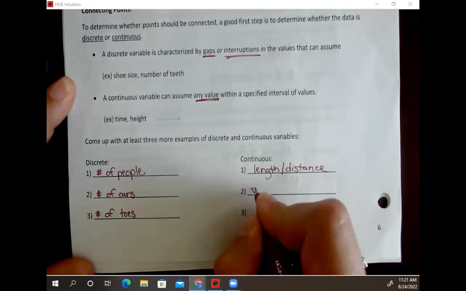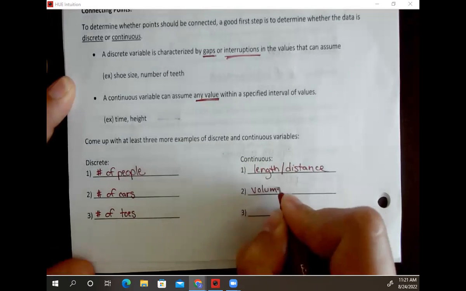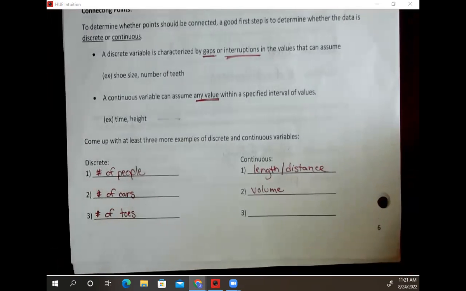Volume. What's another one that would be a continuous variable? It could be any value. What did you say? Seconds. So time again.